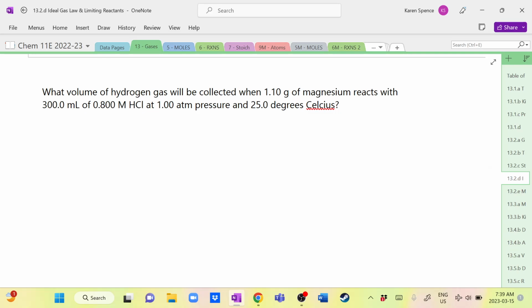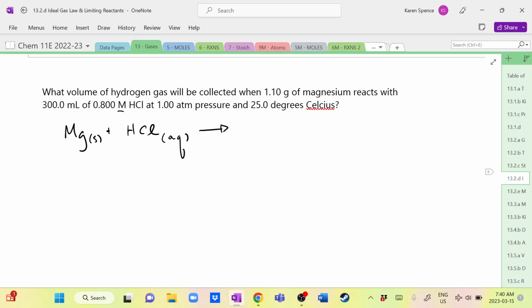So we are reacting magnesium with hydrochloric acid. The state of magnesium is solid because all metals are solid except mercury. We have a molarity for our HCl, so that means it is a solution, which means it is aqueous.